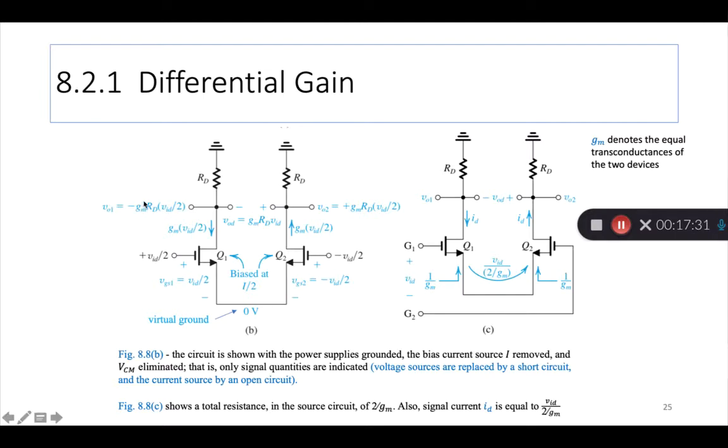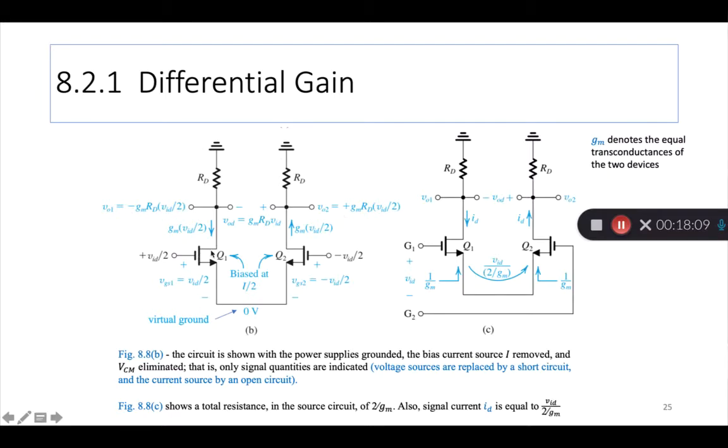So output voltage, if you want to take it single-endedly, that means if you just want to take a voltage from here to ground, that value is this. If you want to take a voltage from here to ground, that value is this, VO2. This is plus, this is minus, and they're equal. If you just want to take the differential output, then it's this minus this, which comes out to be GMRD VID. Okay.